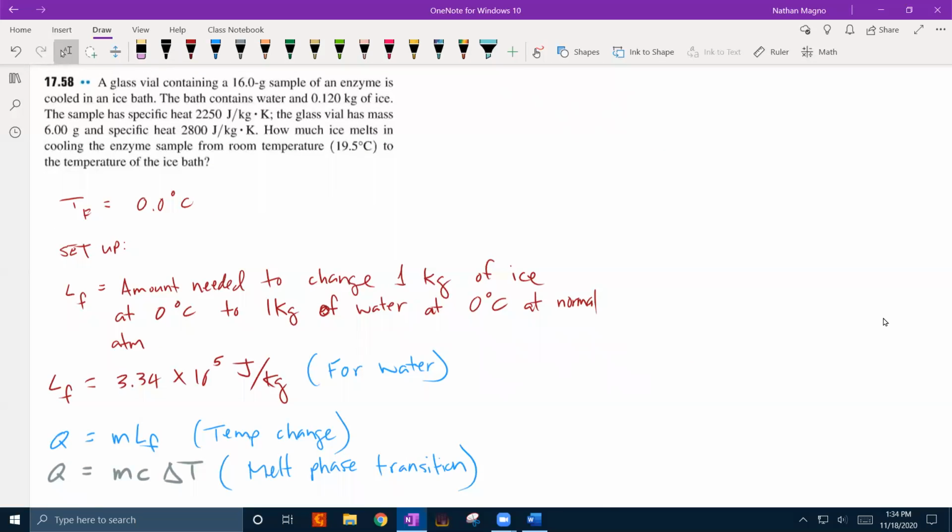Oh shoot, I just noticed something. So this QMCT, this is actually the temperature change of the vial. I switched them around. And this is the transition for the water.